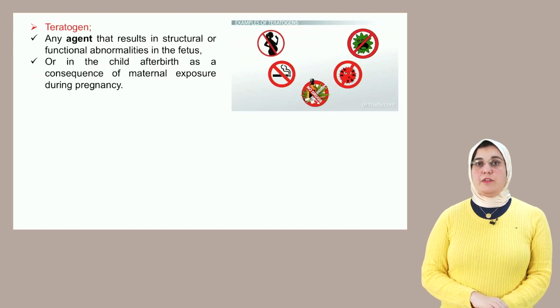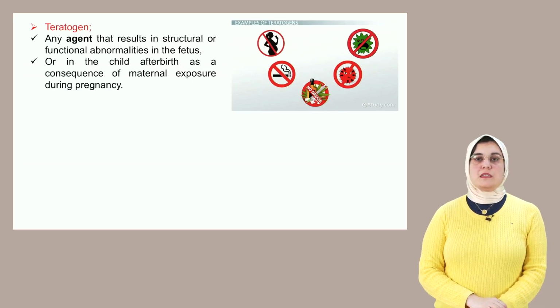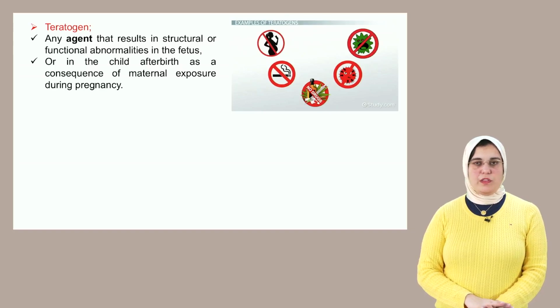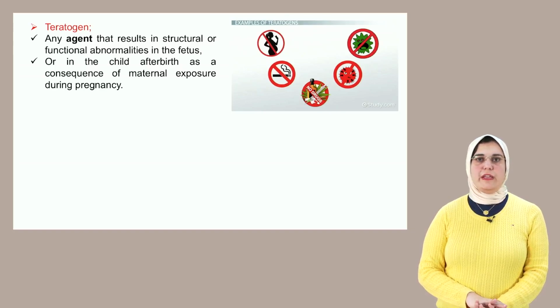So, in pharmacology in pregnancy number 1, we discussed the teratogenic agent. Now we want to explain what a teratogen is. A teratogen is any agent, whether a drug or food or any other agent, that results in structural or functional abnormalities in the fetus.